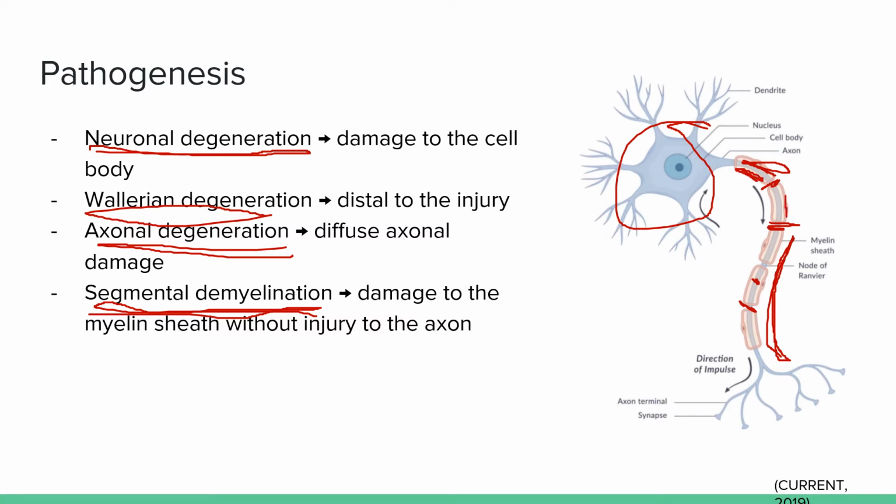So these different pathogeneses give us different clinical syndromes, and also the electrodiagnostic studies help us differentiate these types of insults to the neuron.